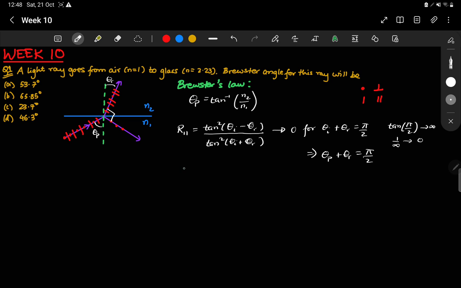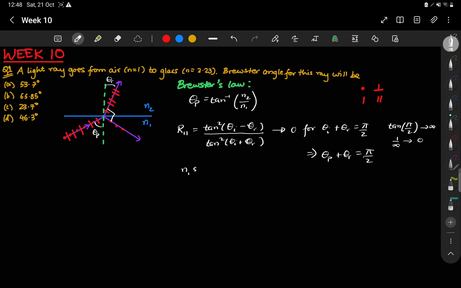And making use of Snell's law, we have N1 sine theta of the incident ray, that is theta p, is N2 sine theta of the refracted ray, that is theta r.